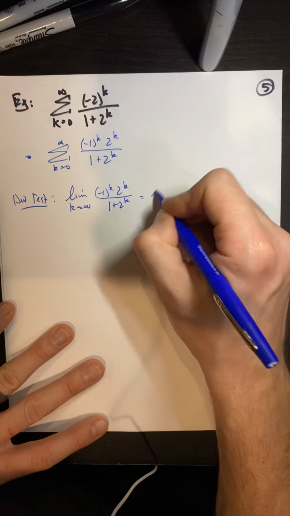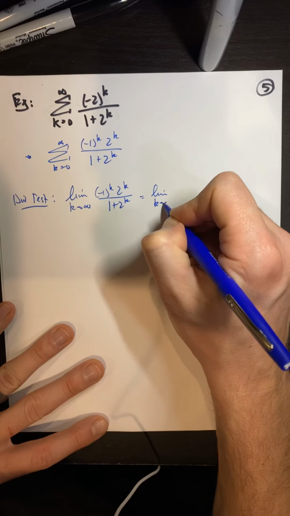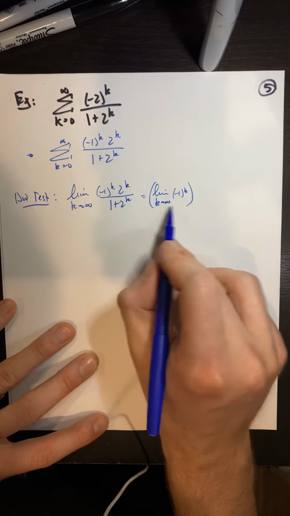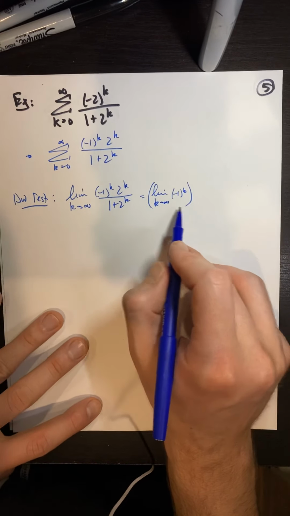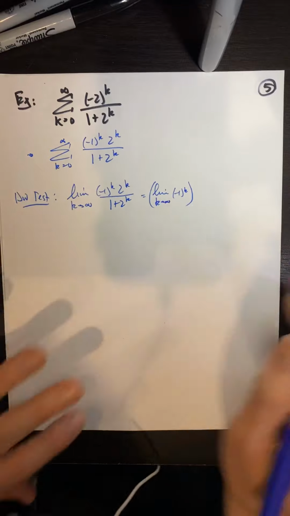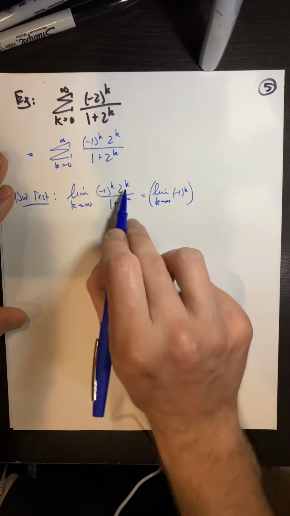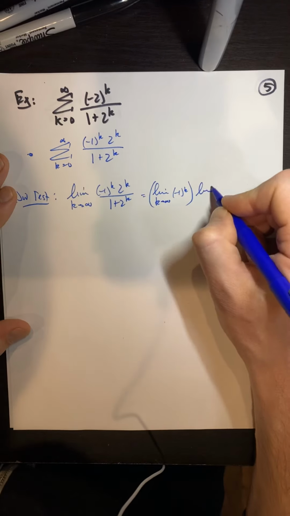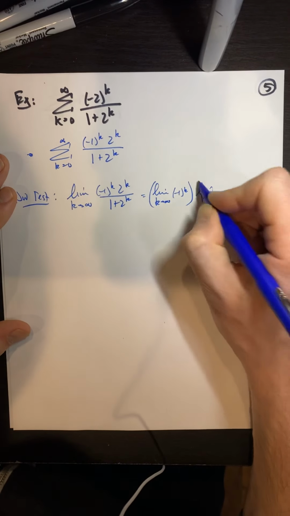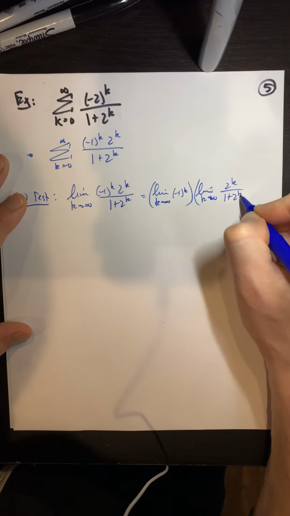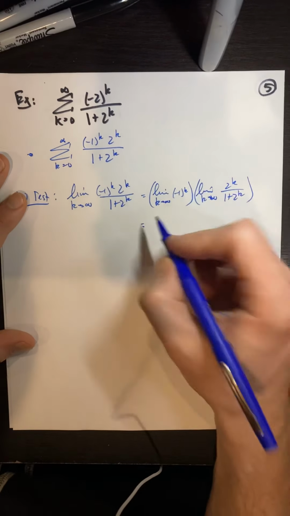Again, for an alternating series, just get that negative 1 to the k out when doing this limit, and keep in mind that this thing is going to flip-flop. So right now, if I'm left with this thing, it would be divergent, because this limit doesn't exist. However, if this leftover thing doesn't go to 0, then we're going to have trouble.